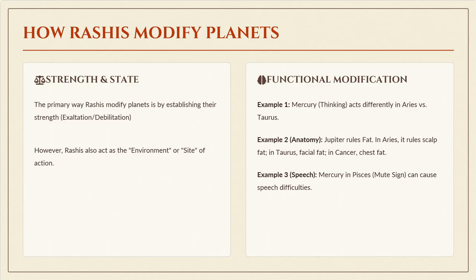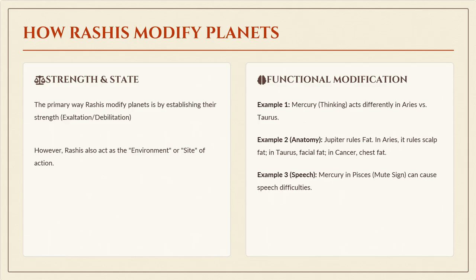What are the other ways? For example, in the last class we understood that Mercury also represents thinking. So if Mercury is in Aries, the person will think in a different manner. It's a fast thinker. And when Mercury is in Taurus, the thinking will work in a different manner. Similarly, Jupiter represents fat.